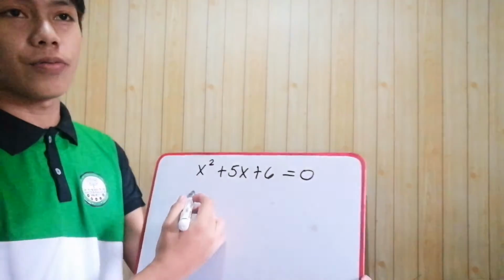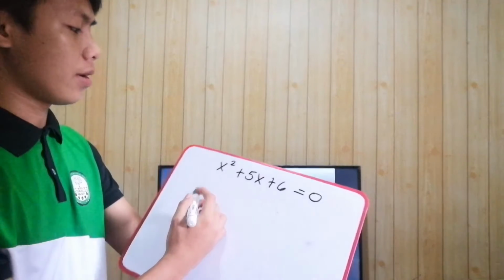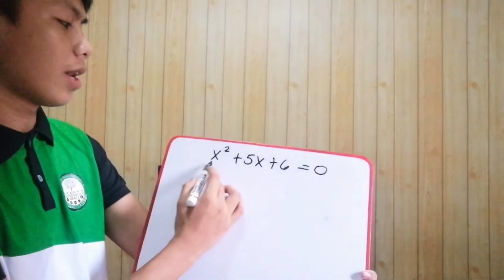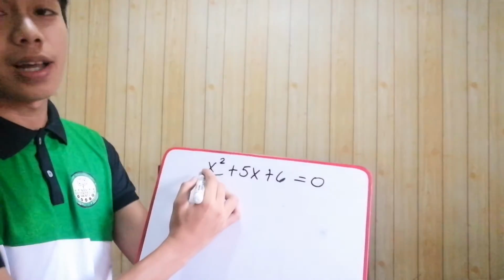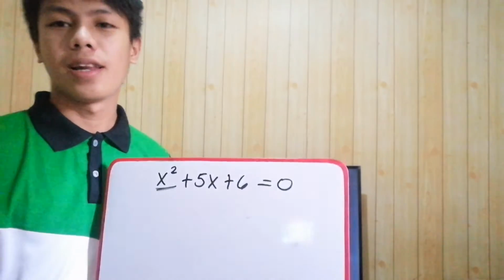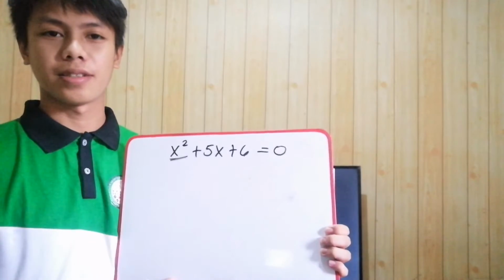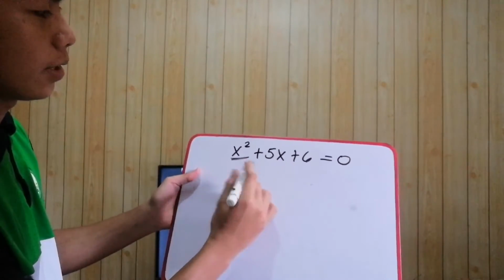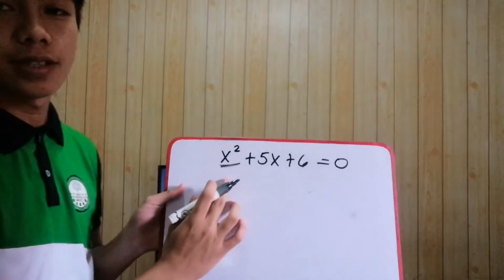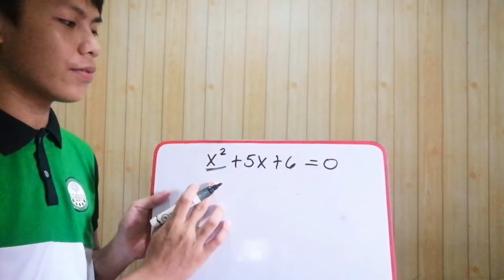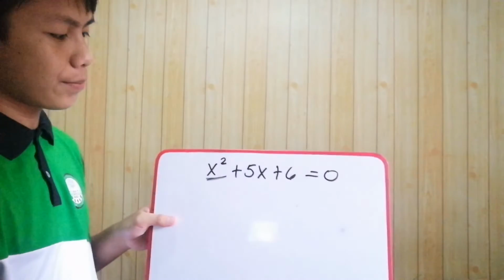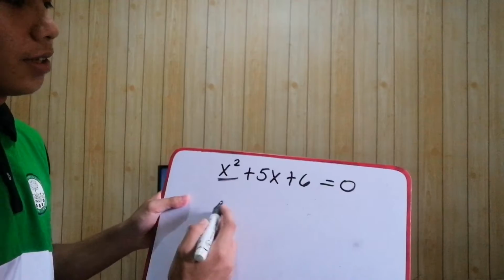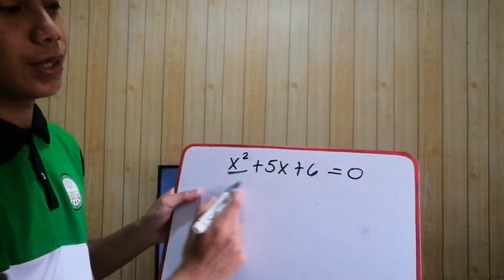Kung ano sa tingin natin factor, halimbawa, pag ganito yung given, yung value ng a natin is 1 lang, so mas madali lang hanapin yung factor niya. So, let's try. First step is we will see if the given equation is in standard form. So, check standard form, the first method.